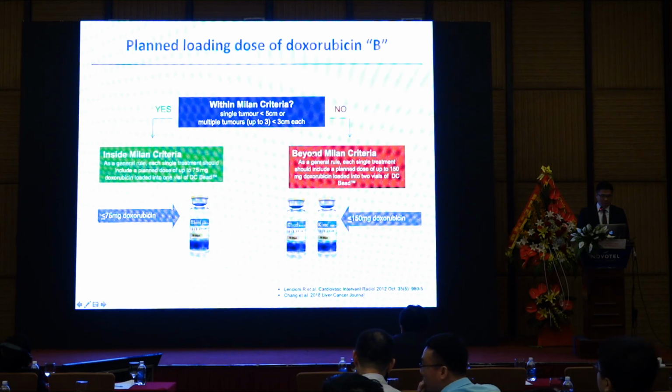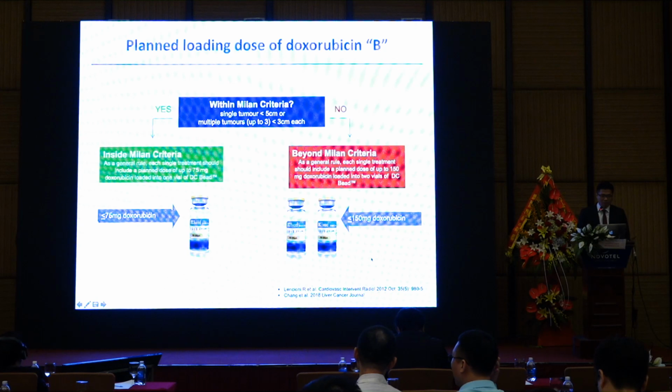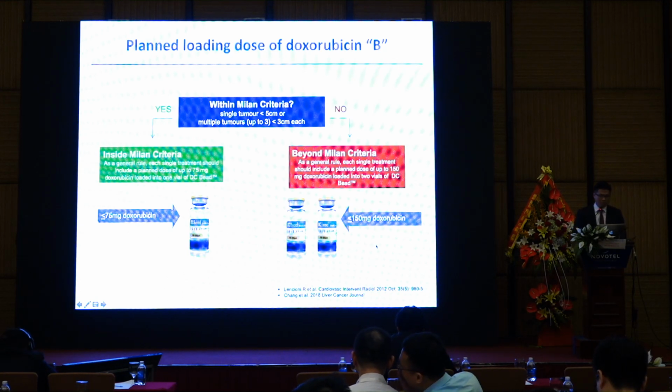If the tumor stage is beyond the Milan criteria, as a general rule, you can use 2 vials of the drug-eluting beads with the loaded drug up to 150 milligrams.